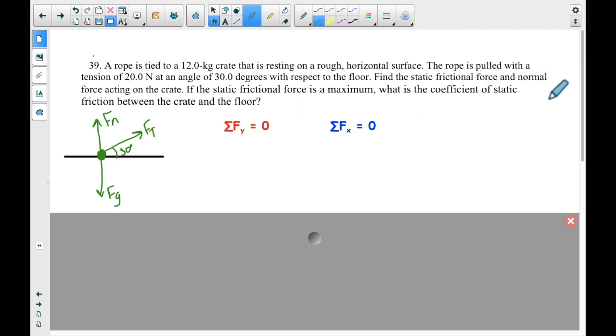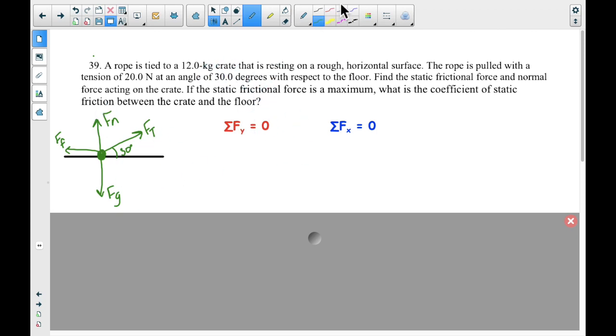Find the static frictional force and the normal force acting on the crate. Okay, let's start off with that. So if we start off with the sum of the forces in the y direction. Oh wait, we need to say our friction, don't we? Let's put our friction in here. And I have to say, I was not very careful with the lengths of my vectors, but we'll try to make sure that they all work out.